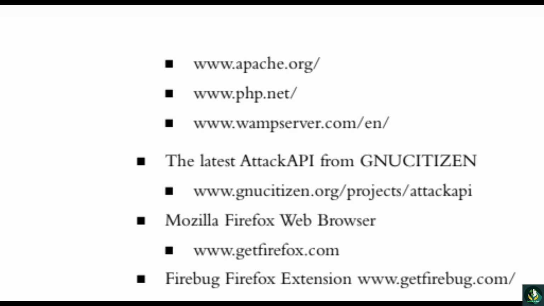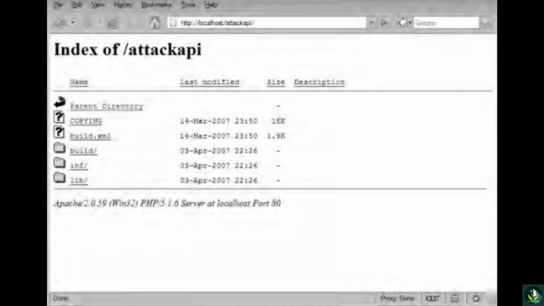For the purpose of this exercise, you need to install and run the applications as listed here: an HTTP server with support for PHP, apache.org, www.php.net, wampserver.com, the latest Attack API from GNUCITIZEN, Mozilla Firefox, and the Firebug Firefox extension.